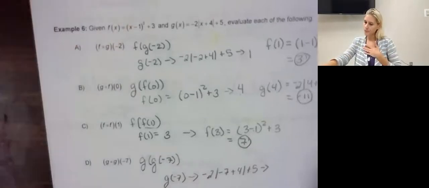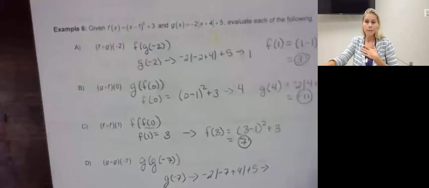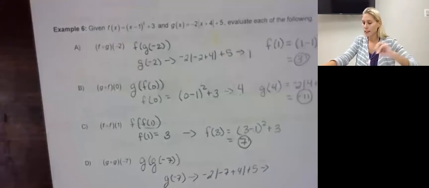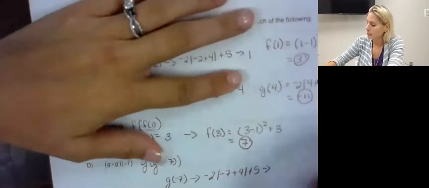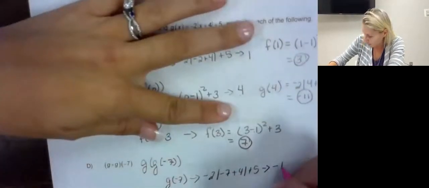Okay. -7 plus 4 is -3. Absolute value of -3 is 3. 3 times -2 is -6. -6 plus 5 is -1.